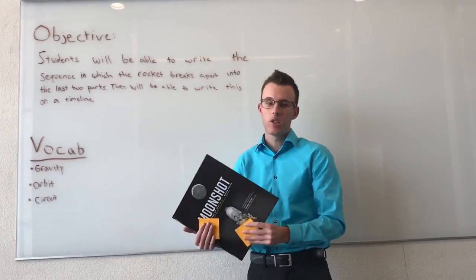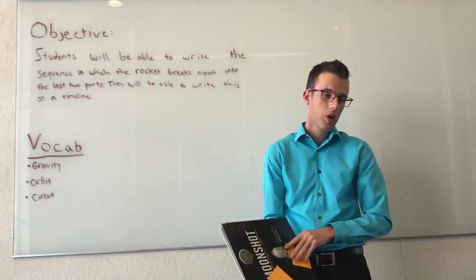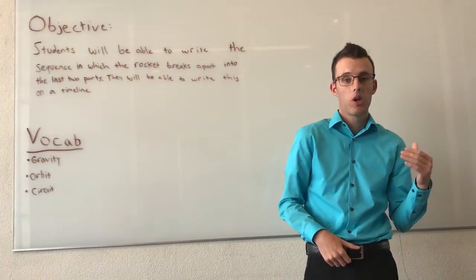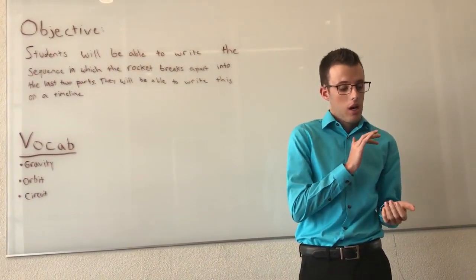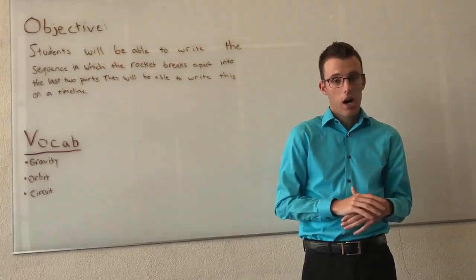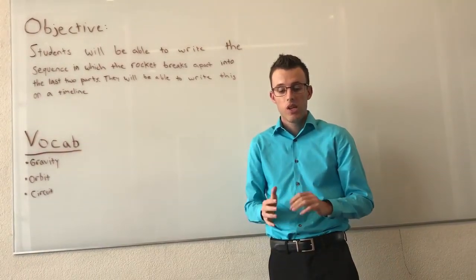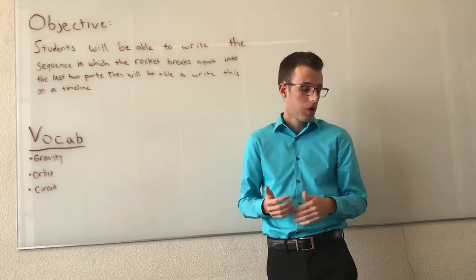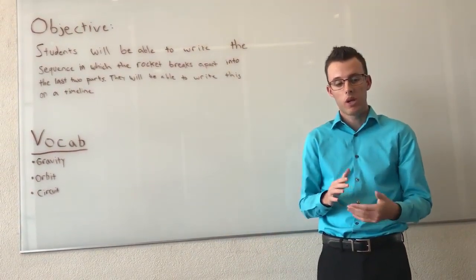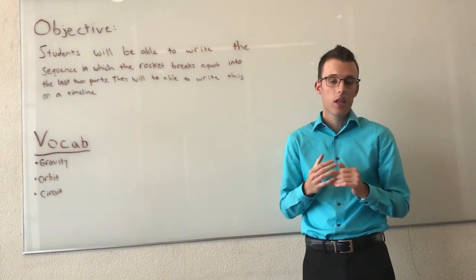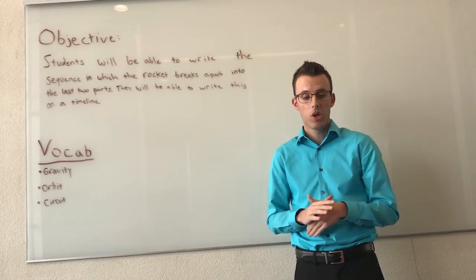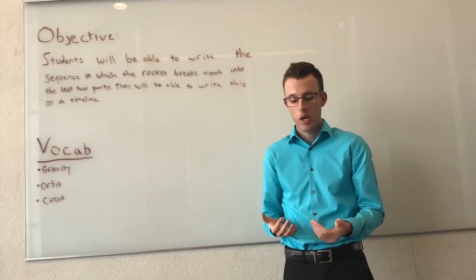So that's the end of this section. As I went through the book, I talked about certain sequencing parts. One part could be the rocket breaking apart into 3 separate parts, something connecting together, taking stuff off, putting stuff on. It could even be something about eating or sleeping or anything that you guys think would be a step-by-step sequence in this book is what you'll use on the timeline.